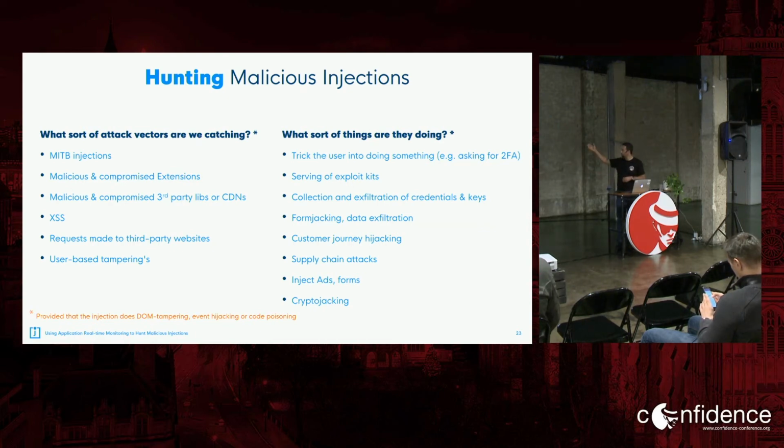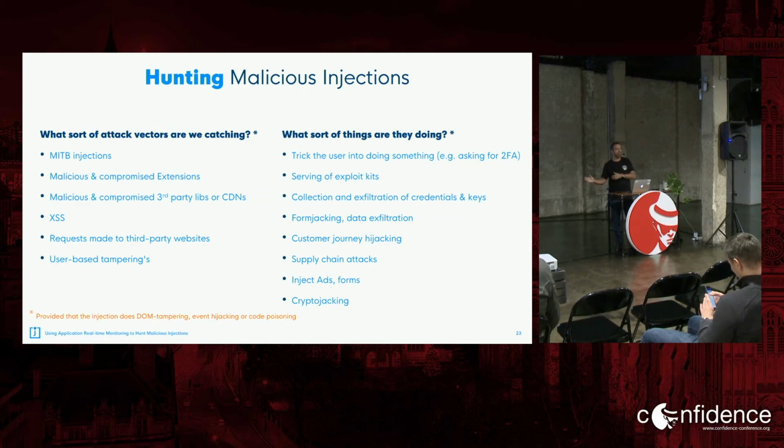And usually they use these attack vectors to do what? To trick the user into doing something, like give me your two-factor authentication token, to serve an exploit kit, to exfiltrate credentials, keys, data, to do form jacking, to do customer journey hijacking, which is a very funny case where, especially for e-commerce websites, they place an ad right next to the price of the product, and they tell you, hey, you can buy this product on a different website, 10% cheaper.